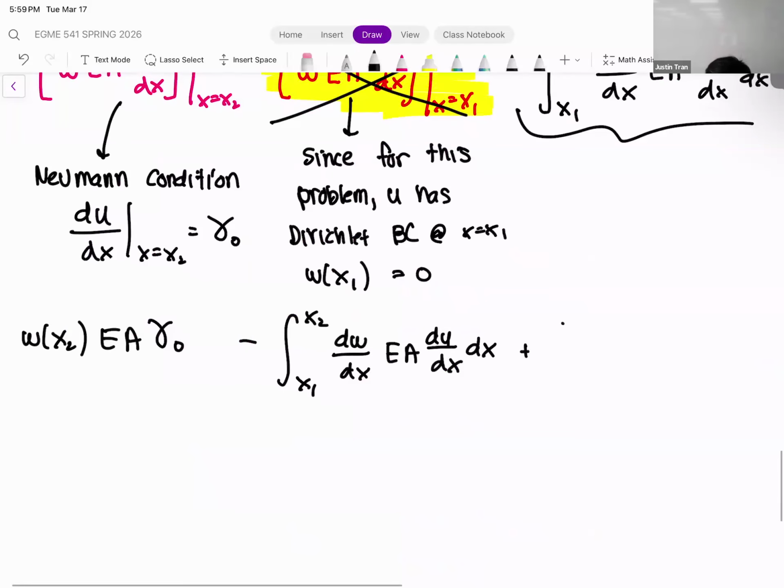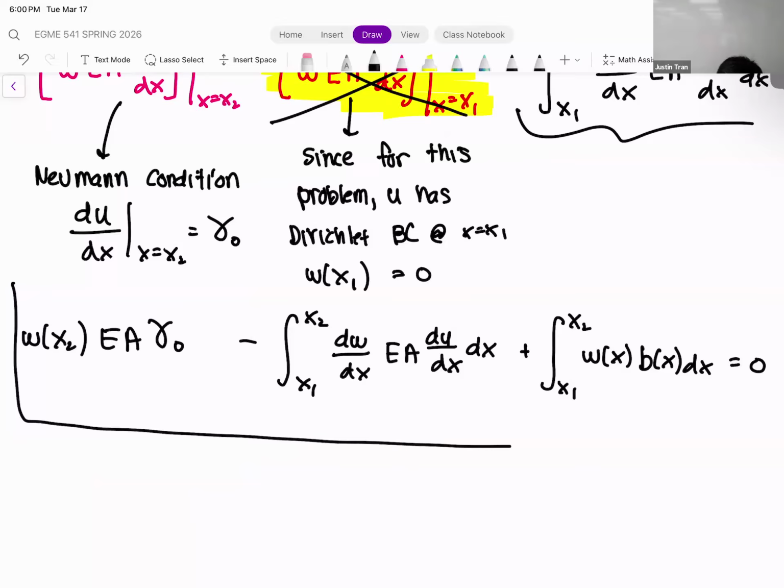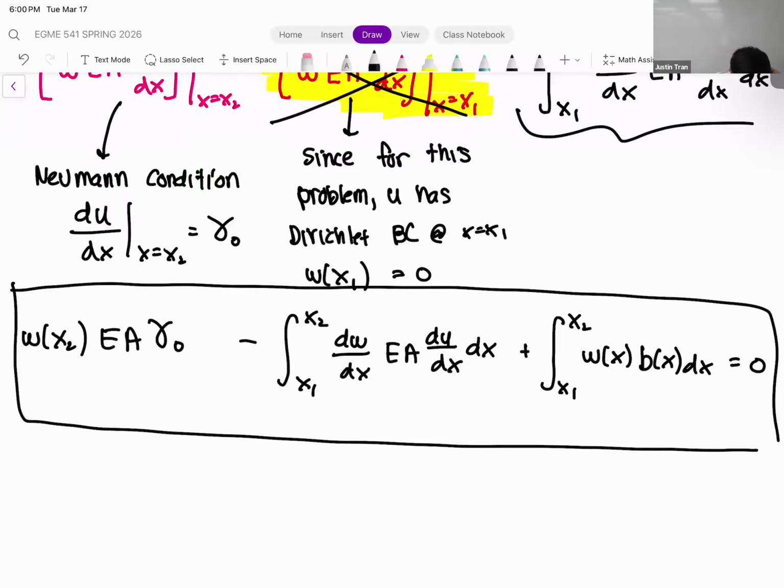So we have plus the integral from x1 to x2 of w of x, b of x, dx is equal to 0. So what we have here is essentially the weak form of this problem.